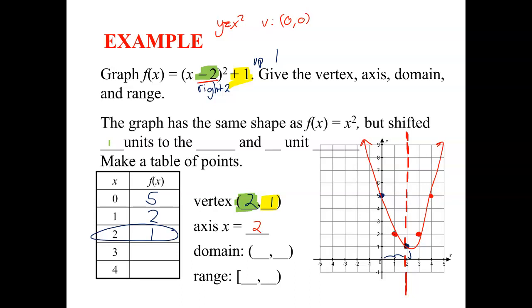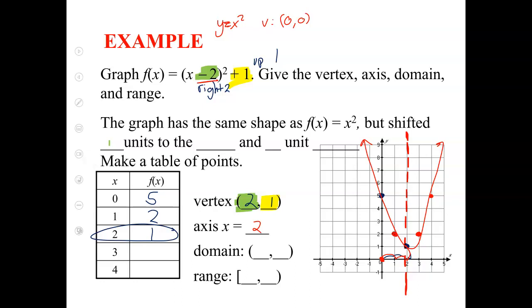If I'm going up 1 unit, my y value changes from 0 to 1. So my parent function, the vertex starts here, and then I go right 2 units and up 1 unit, and that's my new vertex. And since that's my new vertex, then my axis of symmetry also moved to follow it, and it runs through the 2.